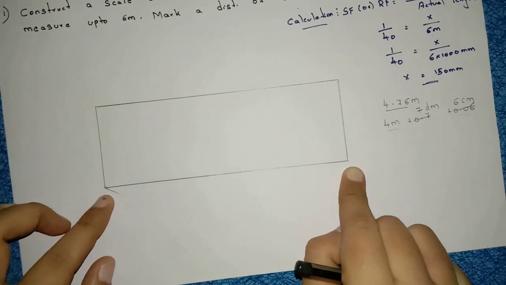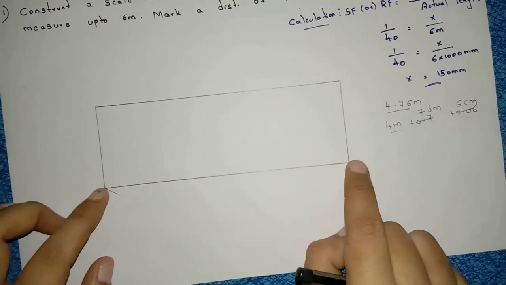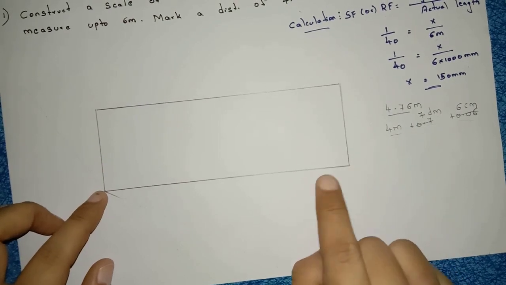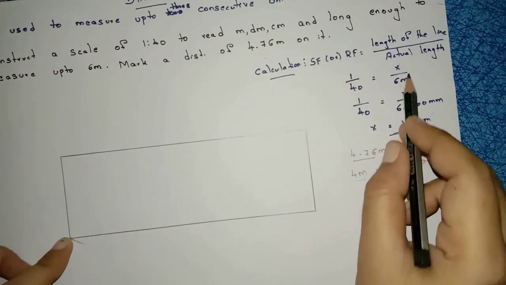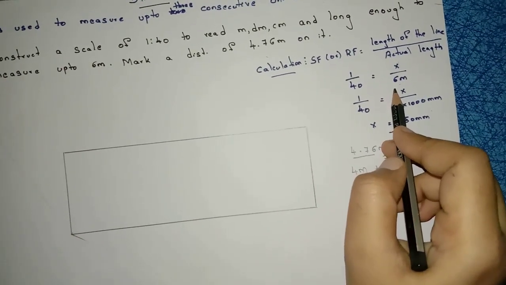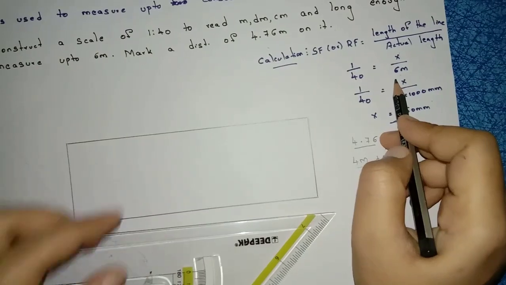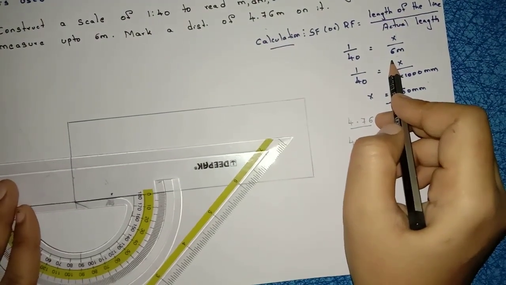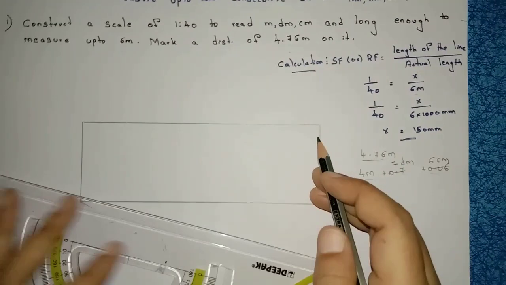Now you have to divide this 150 mm into a number of equal parts. How many equal parts do you have to divide? This depends on the actual length. Actual length is how much here? 6 meters. Right? So how many equal parts do you have to divide? 6 equal parts. So place your protractor on that line. Take a 30 degrees angle.